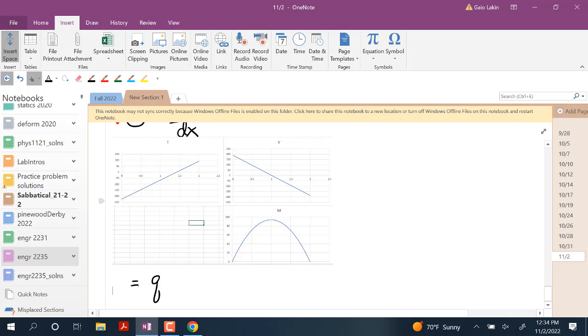And then the shear force, it starts out with a positive shear force, ends up with a negative shear force. It's totally symmetrical. And then the bending moment, just like we thought, the maximum bending moment is in the middle, and it's zero at the two endpoints.